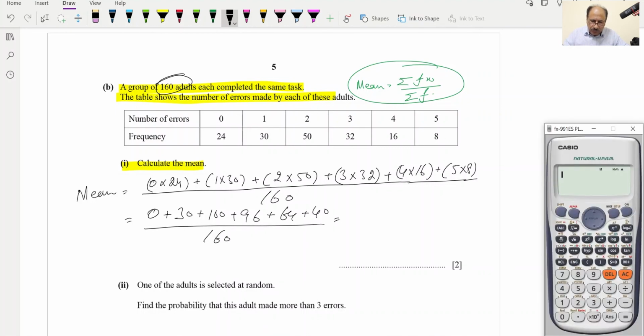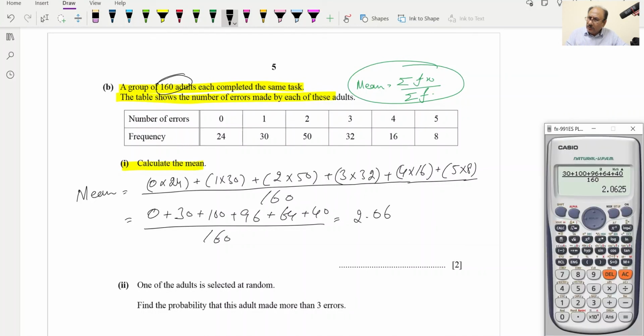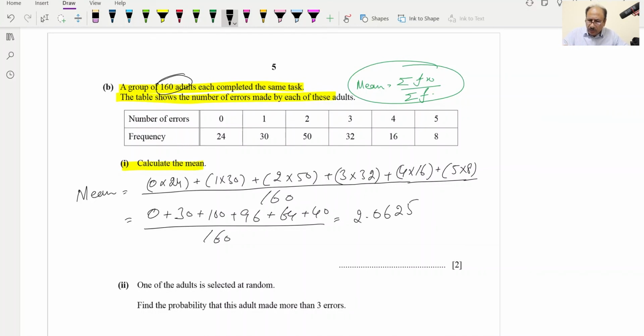So this is equal to a fraction: 30 plus 100 plus 96 plus 64 plus 40, divided by 160, and this is equal to a decimal value of 2.0625. Up to two decimal places or three significant figures, we will have 2.06, and this is a 2 marks part, which we have done.